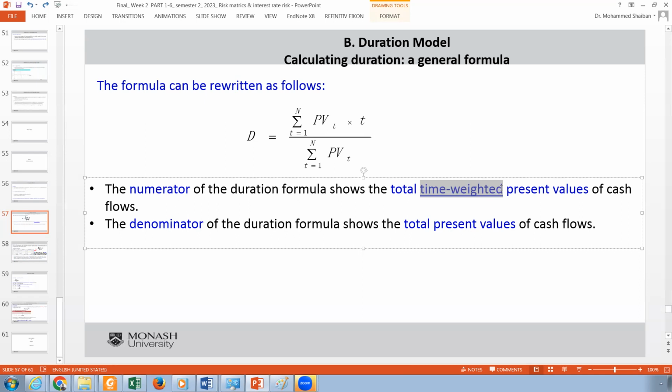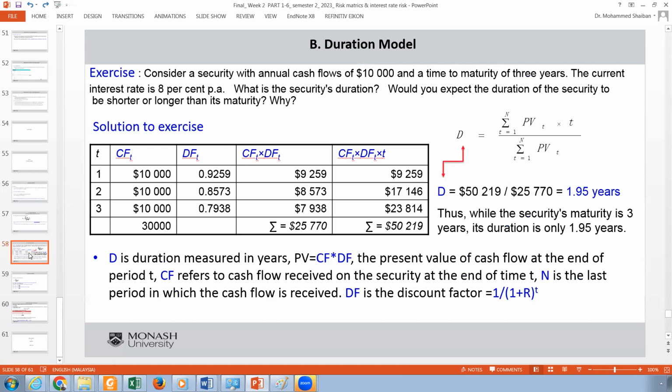We will take the present value of that and multiply it by the time. So if it is for 1 year, we multiply it by 1 year, or 2 years, or 3 years, as I will explain now. The denominator is easy, just the total present value of those cash flows of the assets and the liabilities. Look at this example.